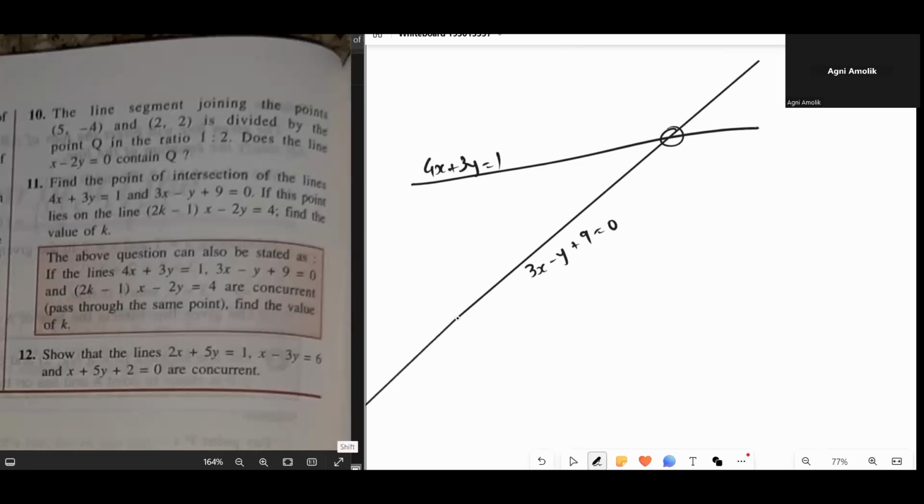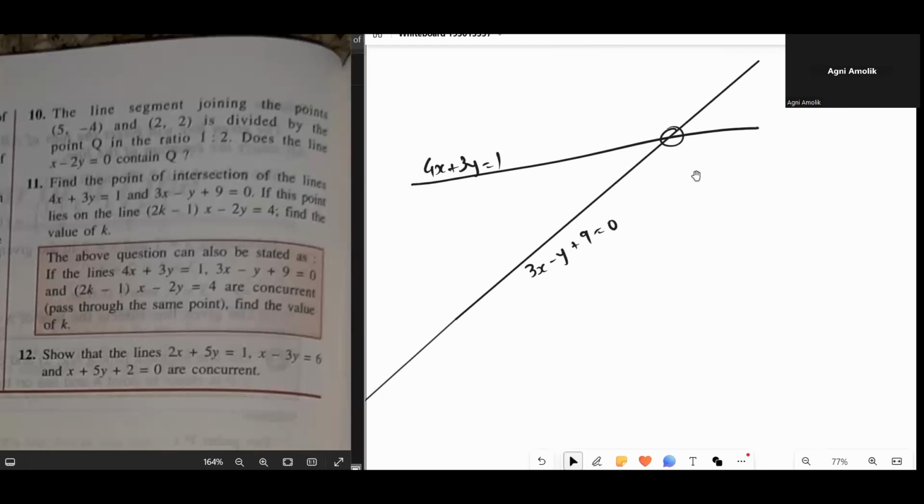It'll never end. So two lines will always intersect, even if one is drawn here, one is drawn there. Because when you extend it, somewhere they will intersect. When will two lines never intersect? When they are parallel to each other. Understand? So there are parallel lines also, they will never intersect.